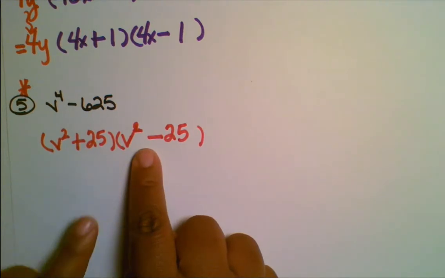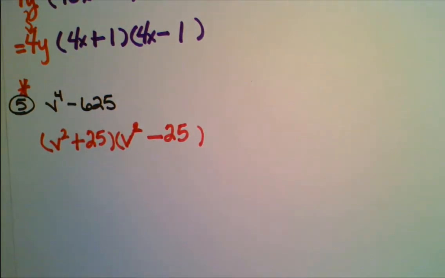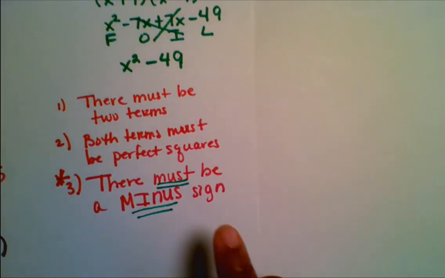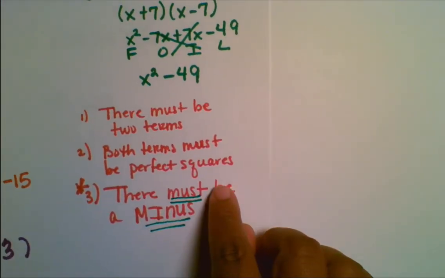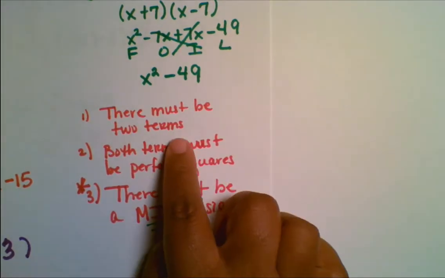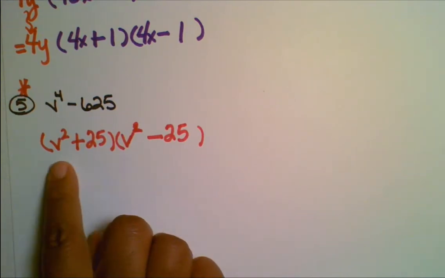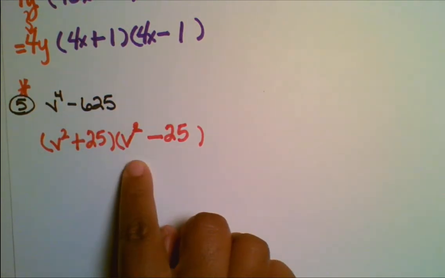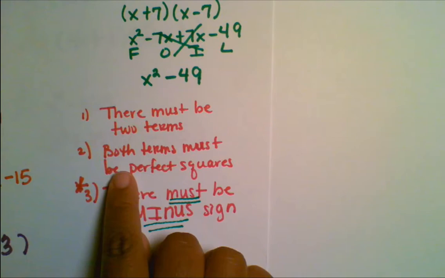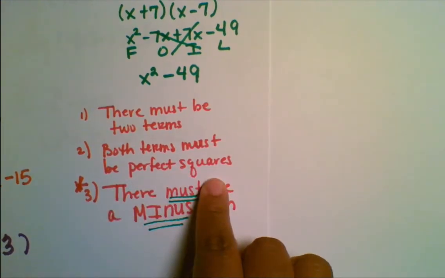Now remember, there were 3 rules that must take place whenever we identify a perfect square binomial. There must be 2 terms. Well, we have 2 terms in each of the parentheses here.